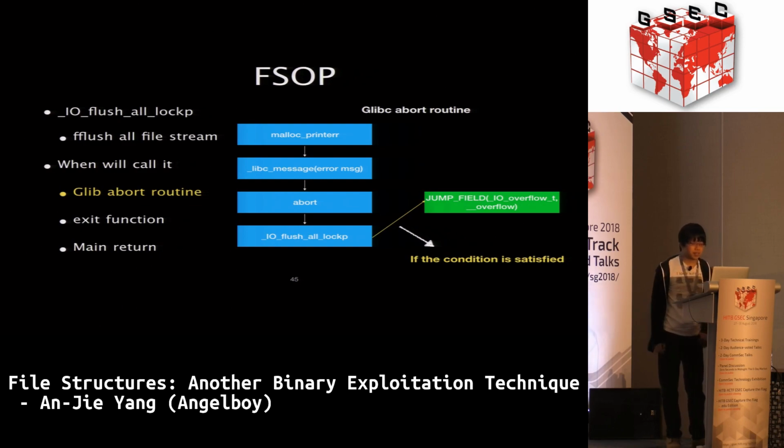When glibc detects some memory corruption problem, it will enter the abort routine. The right diagram in the slide is the workflow of glibc abort. In the glibc abort routine, it will print some error message, then check each file stream to see if it needs to flush and call the virtual function in the file structure.